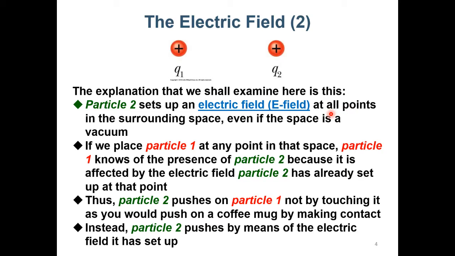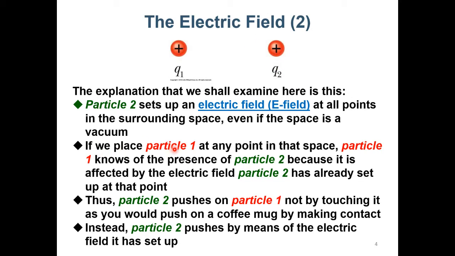Simply, particle 2 sets up an E field at all points in the whole space. As long as there is a particle, no matter if it is a positive or negative charge, it will set up a field at all points in the whole space. Of course, particle 1 will also set up an E field, but let's consider particle 2.